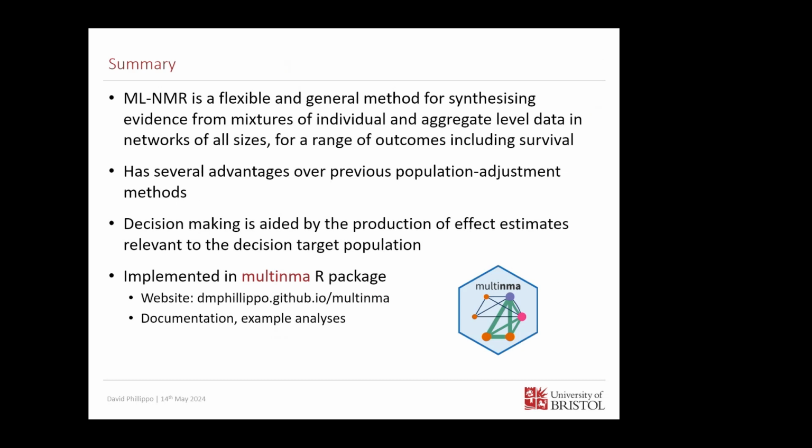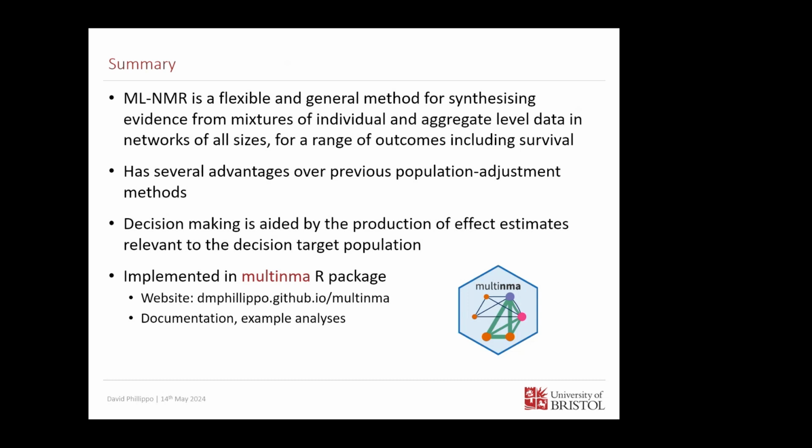So wrapping up then, multilevel network meta-regression is a flexible and general method for synthesizing evidence from mixtures of individual and aggregate level data in networks of all sizes, and for a range of outcomes, including survival outcomes, which we see very often in practice.